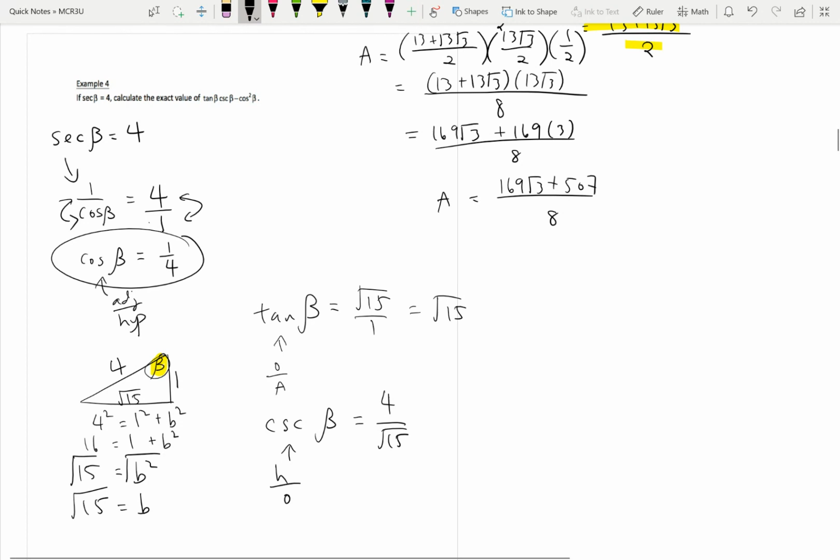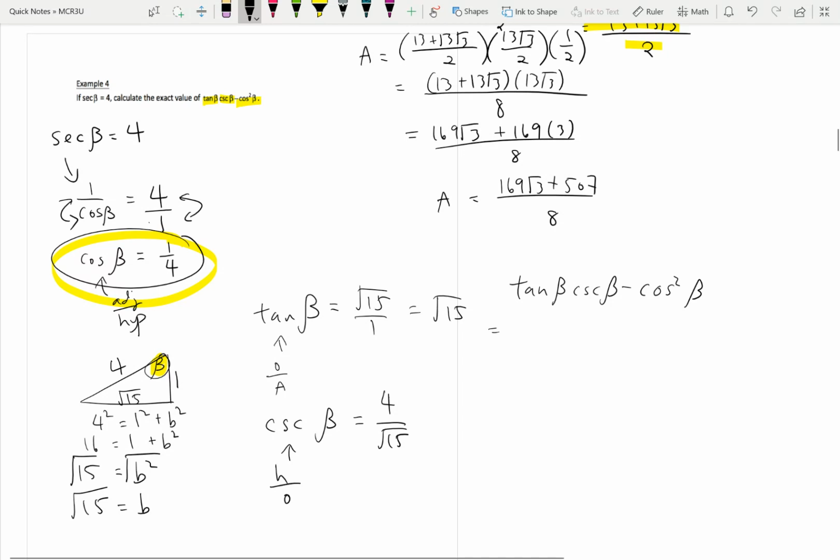Finally, cos squared beta. Well, we already know that because we found it at the beginning of our question. Okay, so now that I have every element in this complicated equation, I can pretty much rewrite all this in terms of exact values.